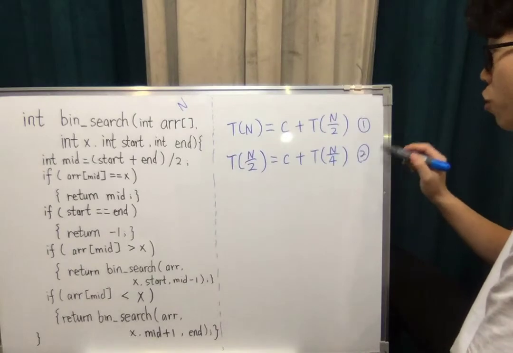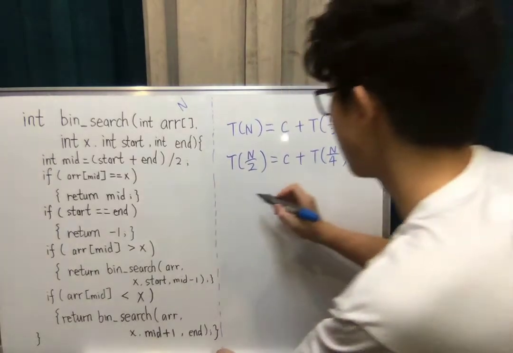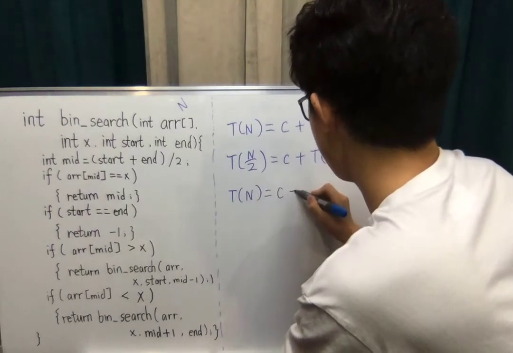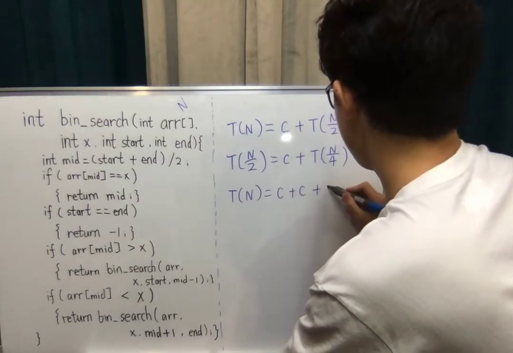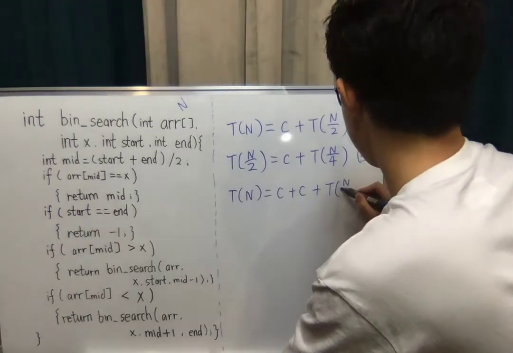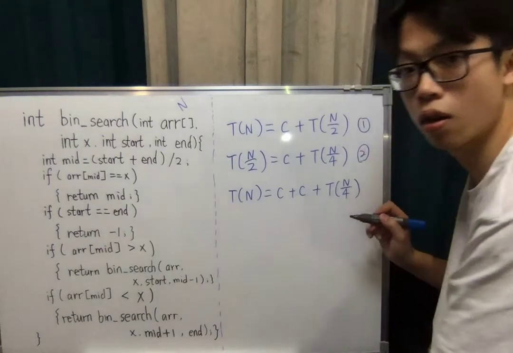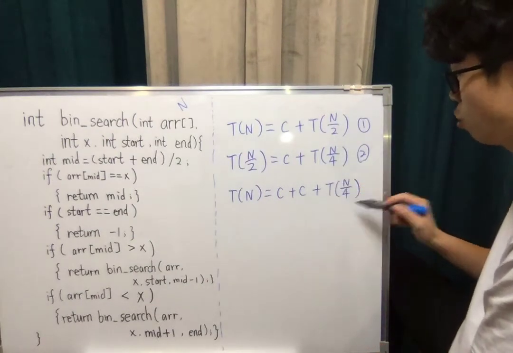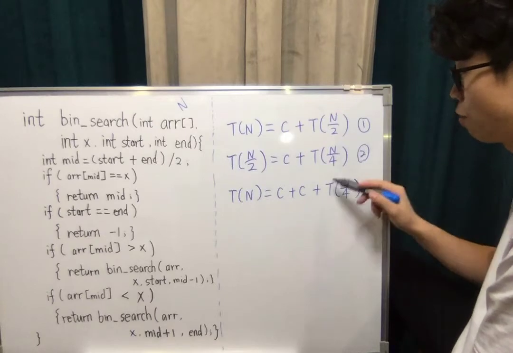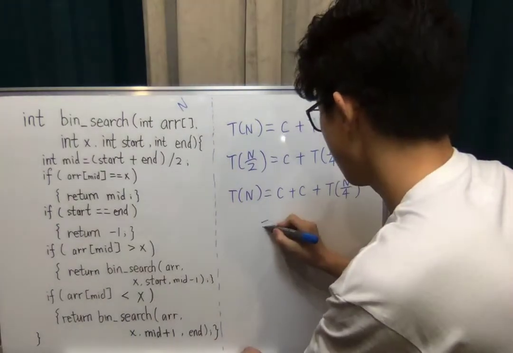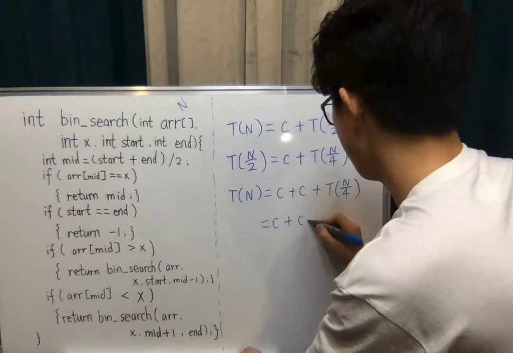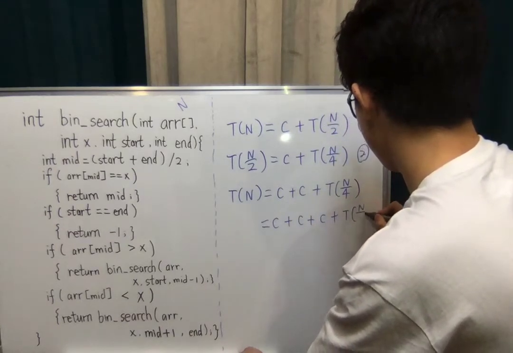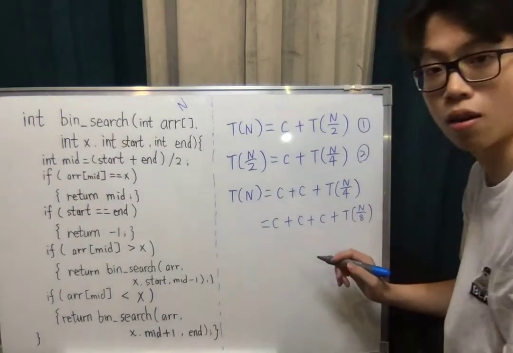Then if we plug formula 2 into formula 1, we will get T(n) is C plus C plus T(n/4), right? And furthermore, if we continue to unfold this formula, we will get C plus C plus C plus T(n/8), right?